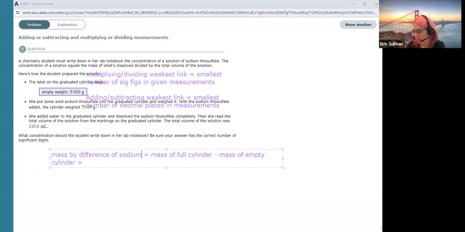Let's make sure we're doing this correctly in terms of sig figs and decimal places. The full cylinder was 70.69 grams, so that is 4 sig figs, 2 decimal places.